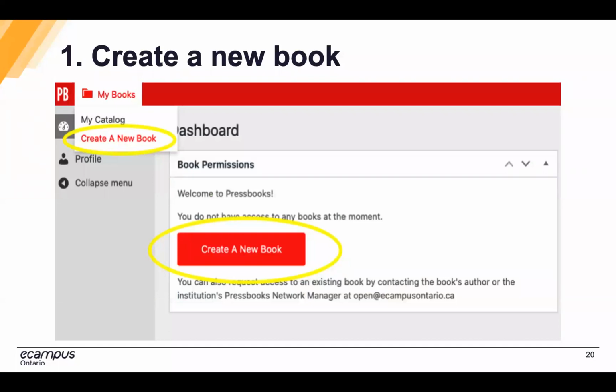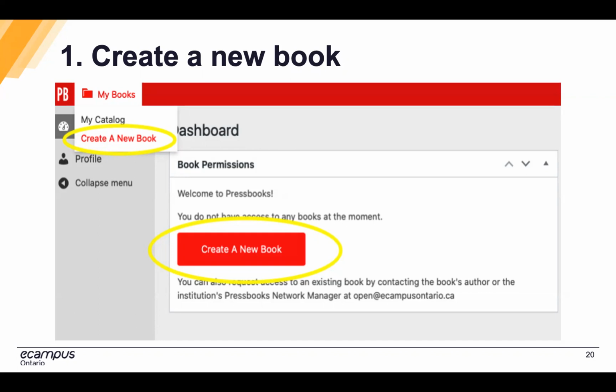So we'll start. Step 1 for creating a book is to know that there are three main ways to create a book in Pressbooks. The first is simply to hit create a book. If you're creating something new, click under My Books, create a book, and you can write directly in Pressbooks, or you can copy and paste your text into the sections of the book.